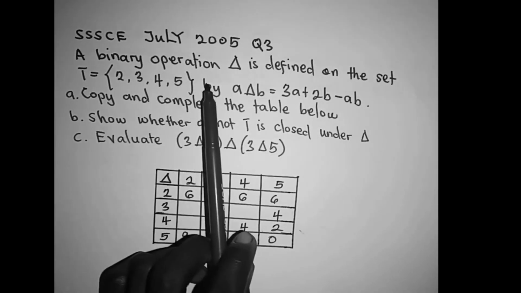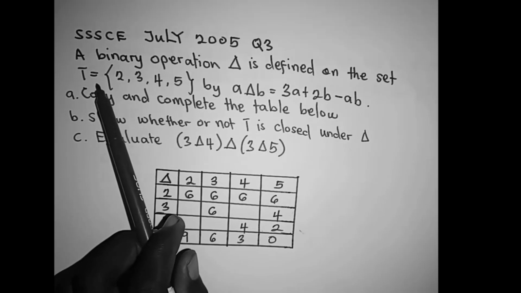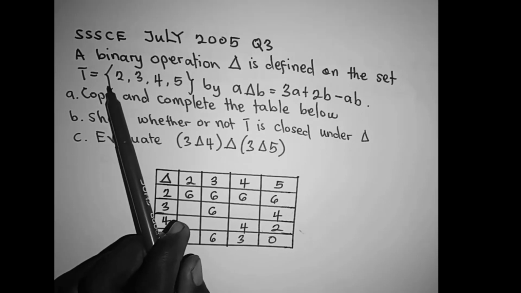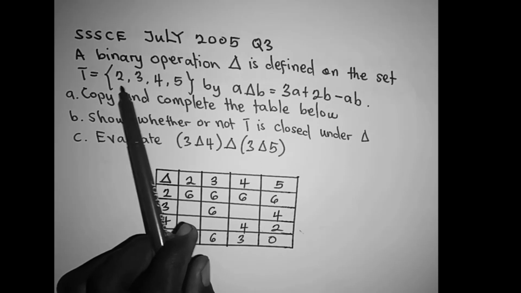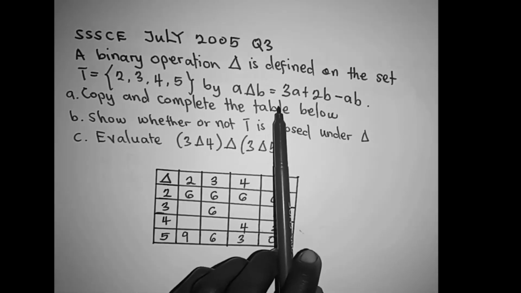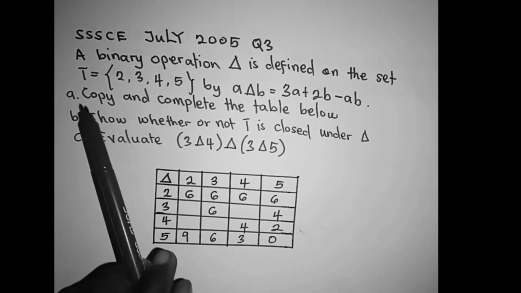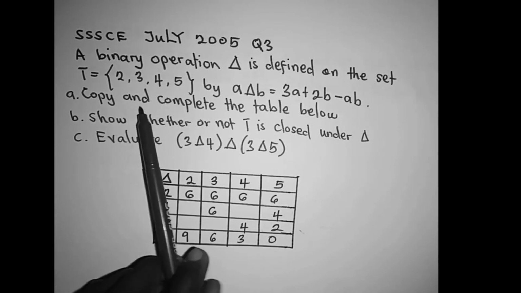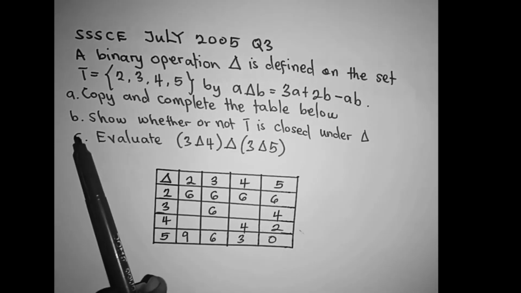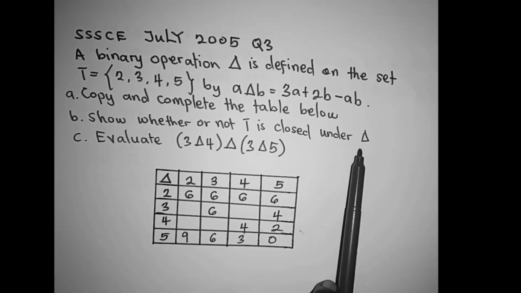A binary operation is defined on the set T, where the set T is 2, 3, 4, and 5, by A operation B equals 3A plus 2B minus AB. The first part is we should copy and complete the table below. And the second part is we should show whether or not T is closed under the operation.